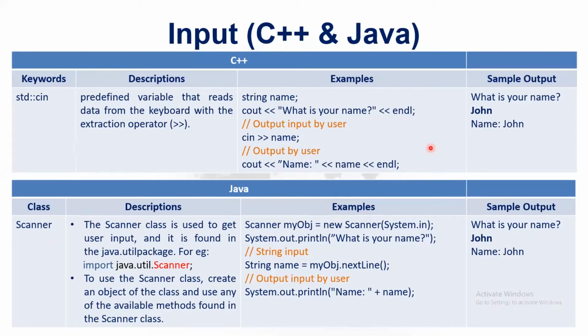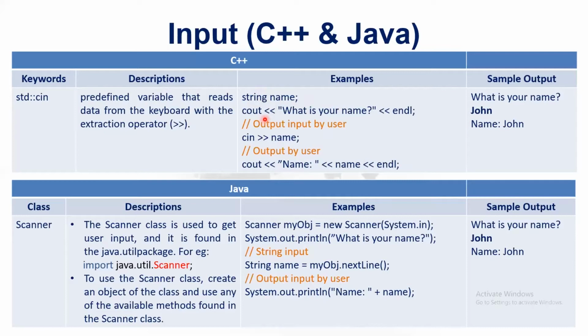Okay, next we go to the input. Just now we were talking about the outputs. Right now it would be the input. So for input, rather than using the insertion operator, we're going to use the extraction operator. So here is the difference for C++ and Java. For C++, you need to declare the variable first.